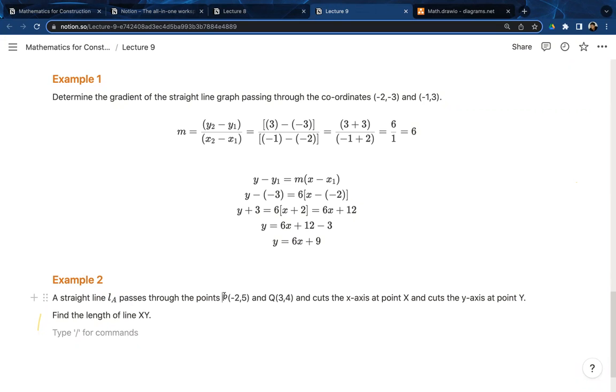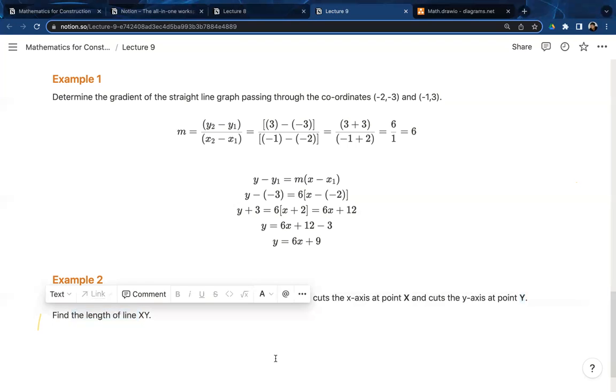We use capital letters to represent points. So P and Q are points that the line passes through. We want to know, it cuts the x-axis at point X and it cuts the y-axis at point Y, right? What they're asking here, find the length of line XY.